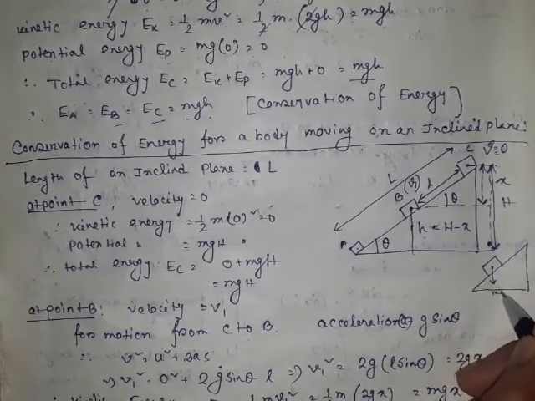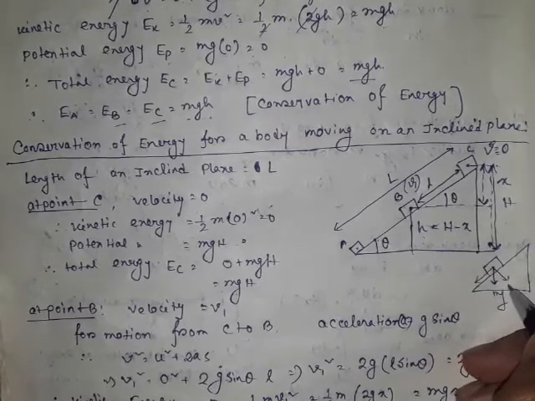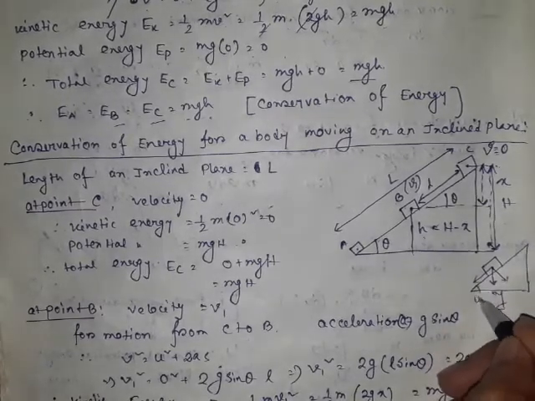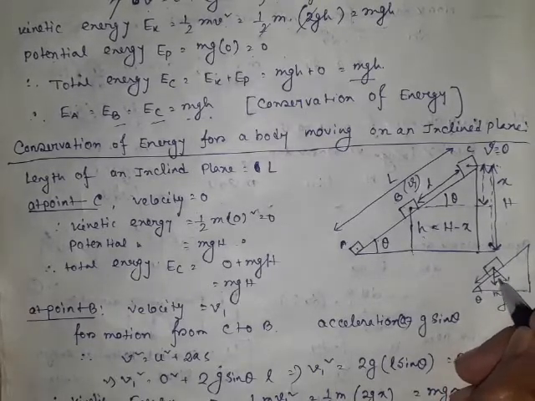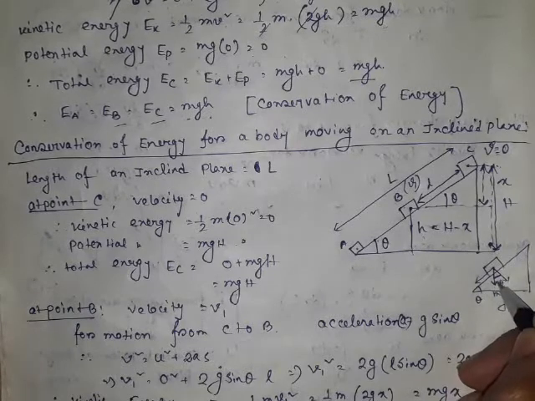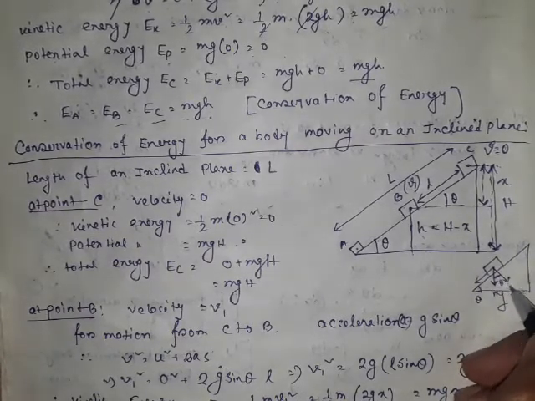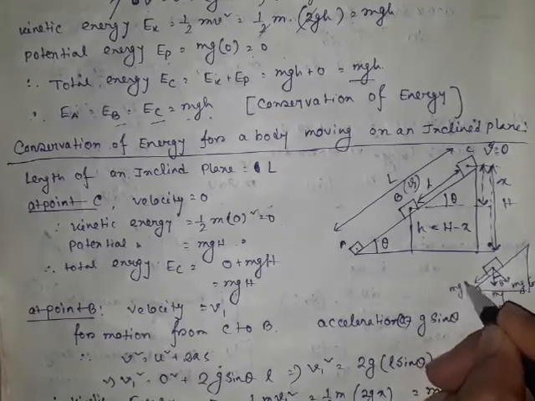So this is mg. Now mg can be divided into 2 components. This angle is theta, so it is a well known problem. So mg is here downward, and it can be divided into mg cos theta, which will be here, and mg sin theta here.